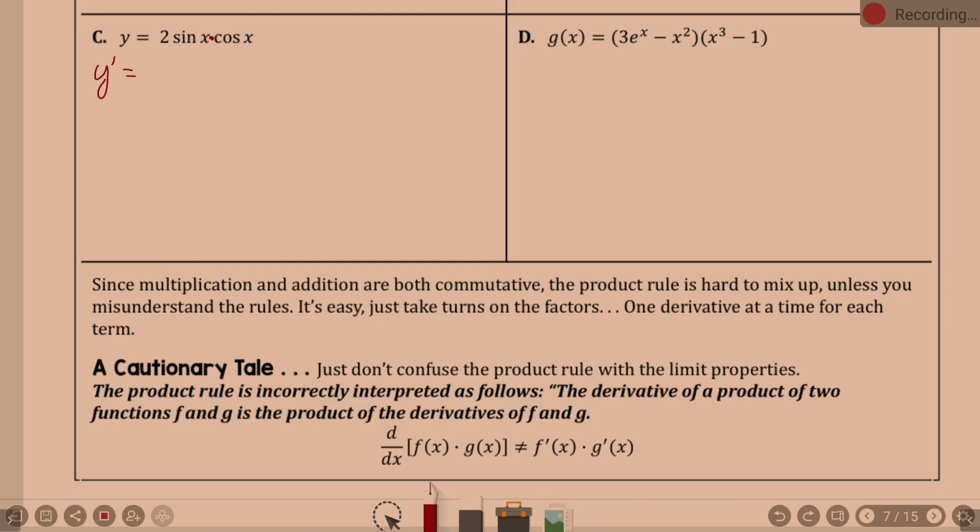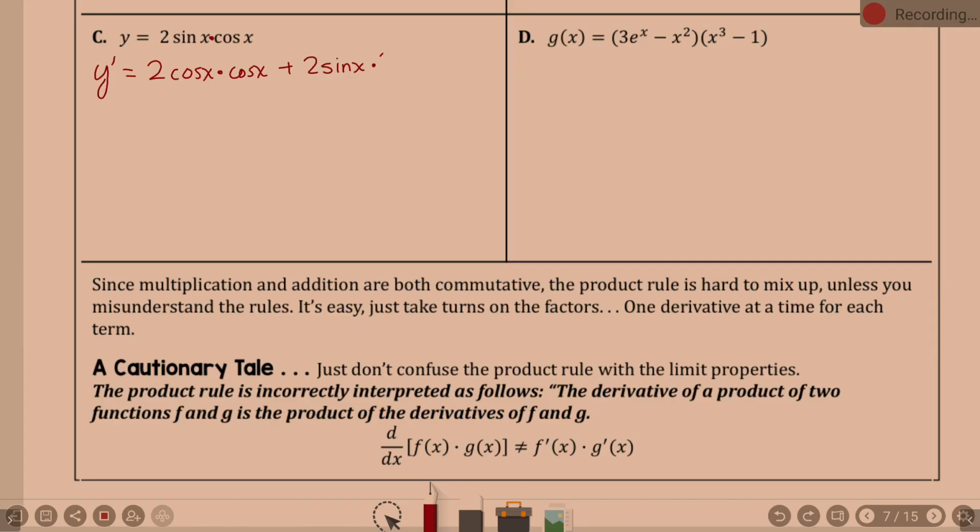So if we start with the derivative of 2 sine x, what is the derivative of 2 sine x? 2 cosine x, because the derivative of sine is cosine, times, we're going to keep the other, cosine x, plus. Now this time, I'm keeping 2 sine x times, what's the derivative of cosine x?